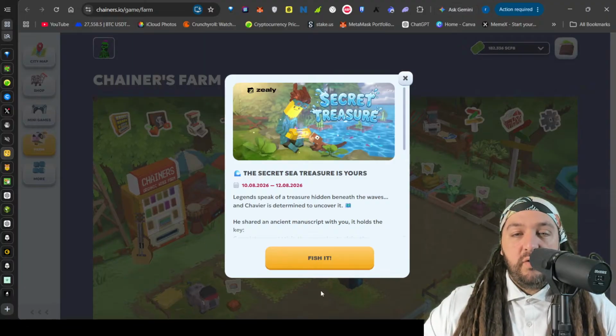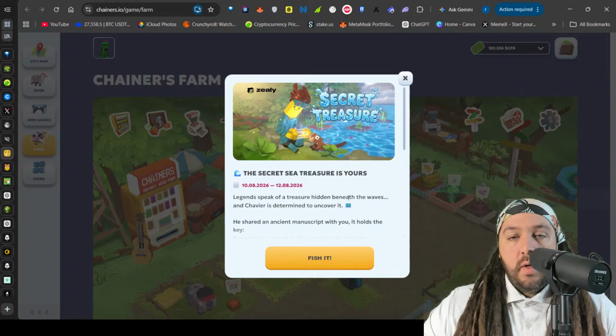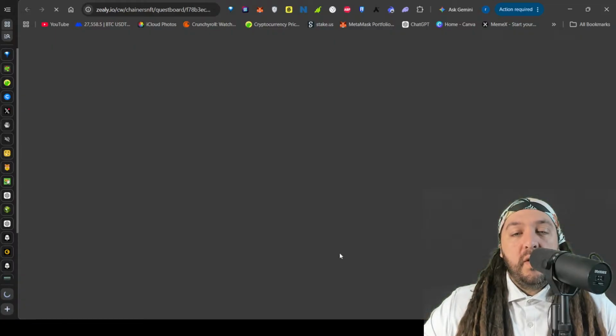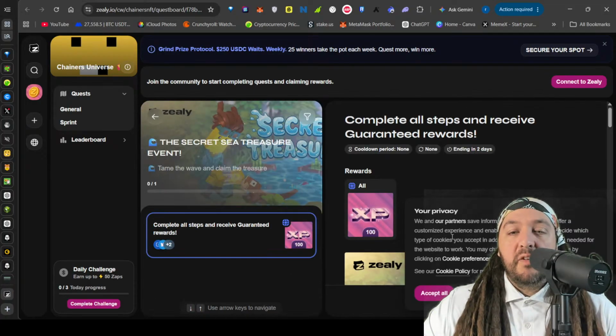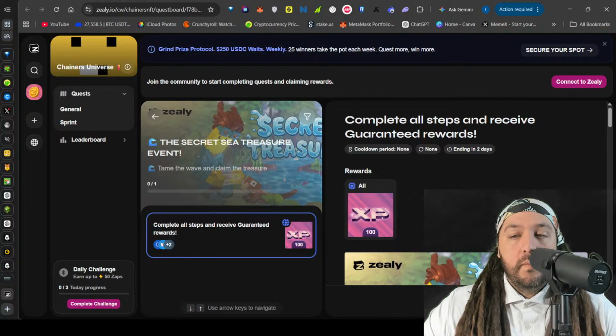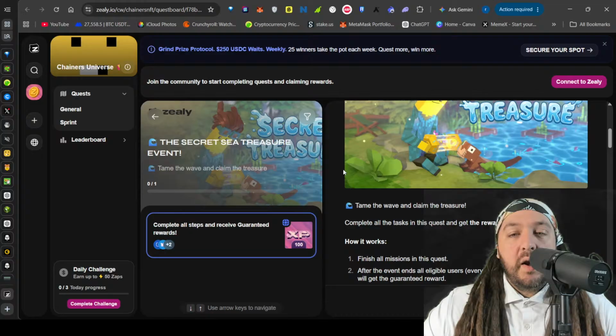Secret treasure is yours, beneath the hidden waves. Ancient manuscripts, you hold the key. Let's fish it. I don't know what this means at all. Makes me nervous. Complete all steps and receive guaranteed rewards. Some kind of campaign.